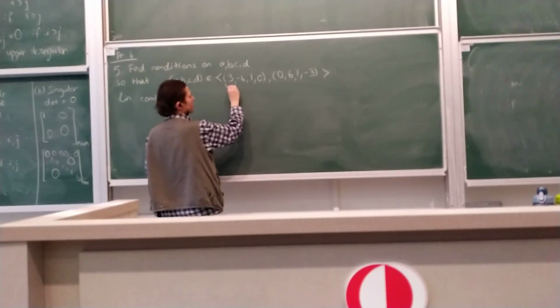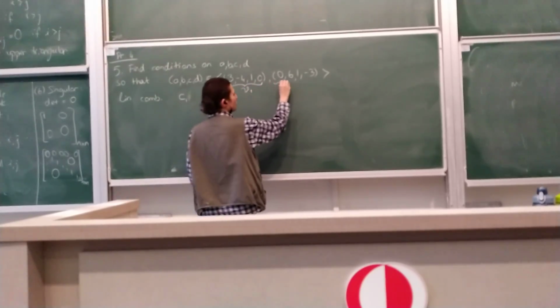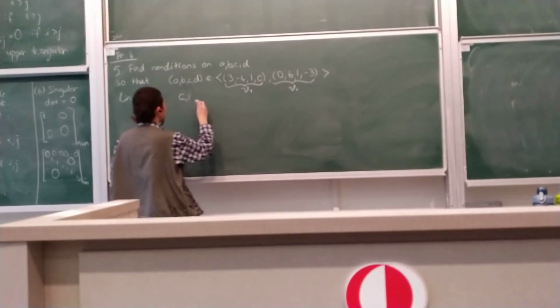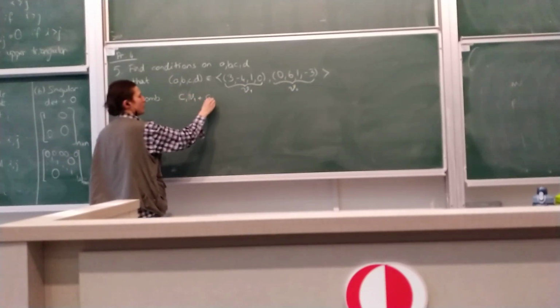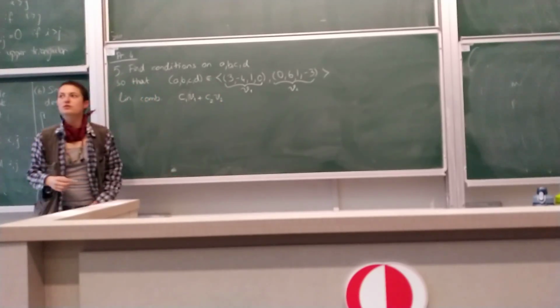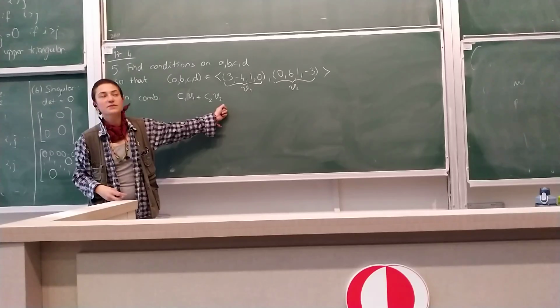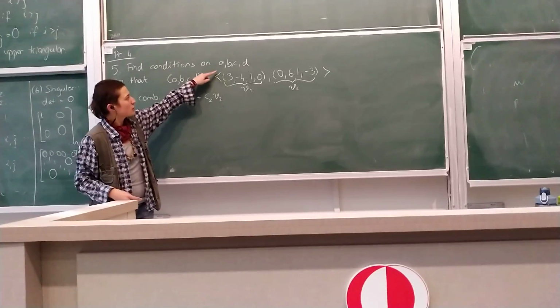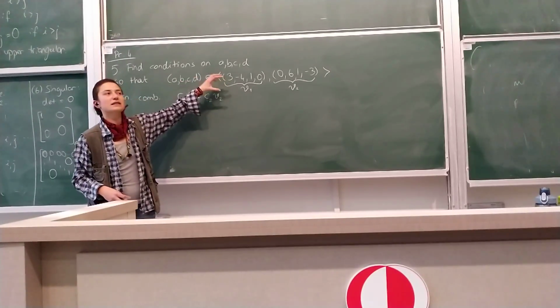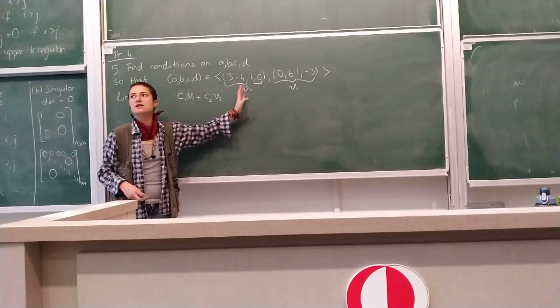I will call these v1 and v2. Some scalar times v1 plus some other scalar times v2 means a linear combination of these two vectors. Okay? So, this set, when you put these signs, it means the subspace spanned by these two guys.